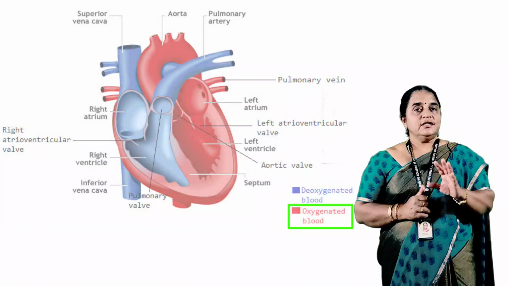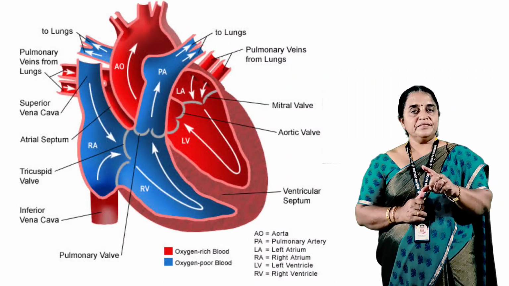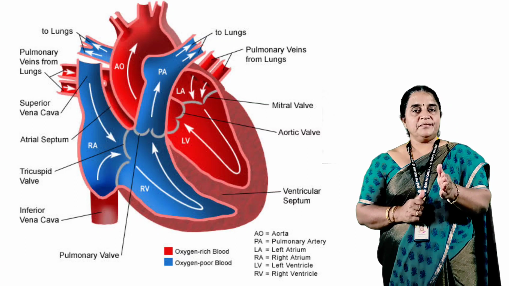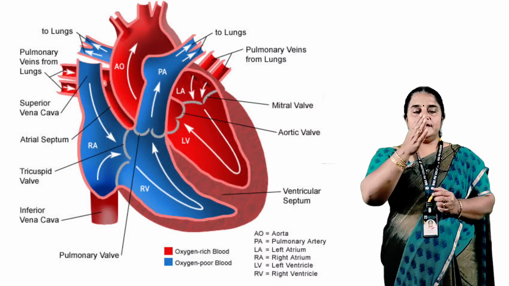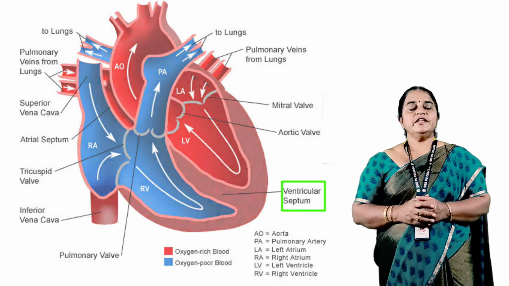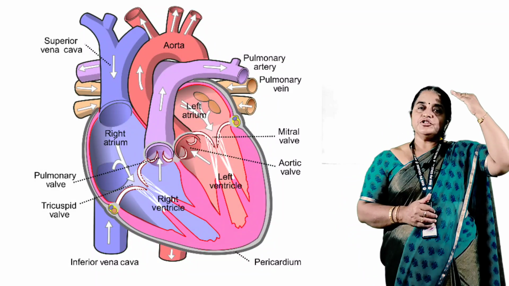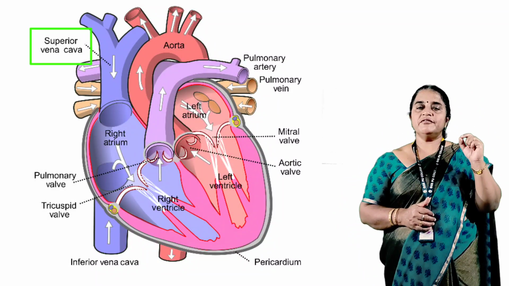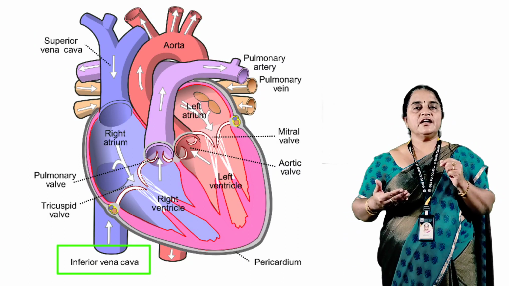Okay, so right atrium, left atrium, interatrial septum, right ventricle, left ventricle, interventricular septum, associated with major blood vessels. From the upper portion of the body, the superior vena cava, and from the leg region, the inferior vena cava.